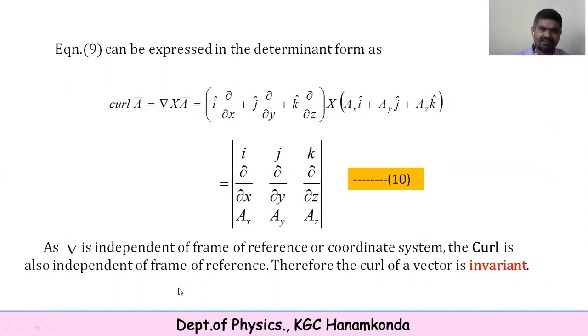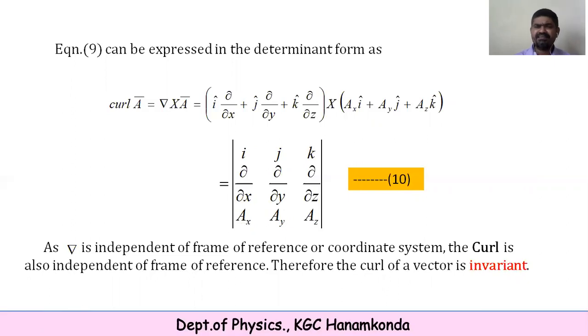That is written in determinant form: rows i, j, k, then ∂/∂x, ∂/∂y, ∂/∂z, the del operator coefficients, and then Ax, Ay, and Az. This equation 10 gives us the curl value of a vector field, which is also a vector, as the del operator is independent of the coordinate system.